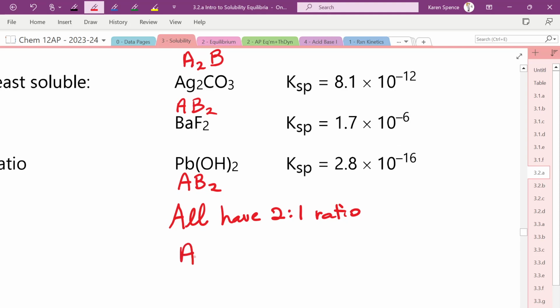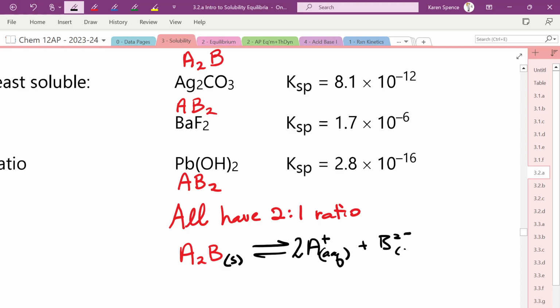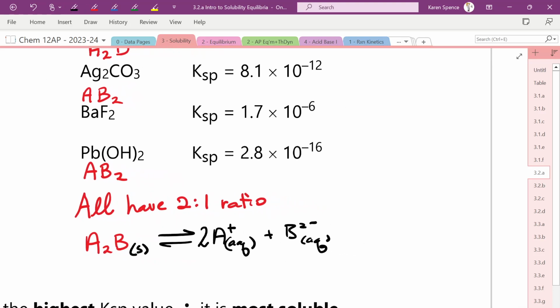So for all of them, let's just say I have A2B solid in equilibrium with 2A+ aqueous plus B2- aqueous, and then my KSP will be, what's the KSP for this one?